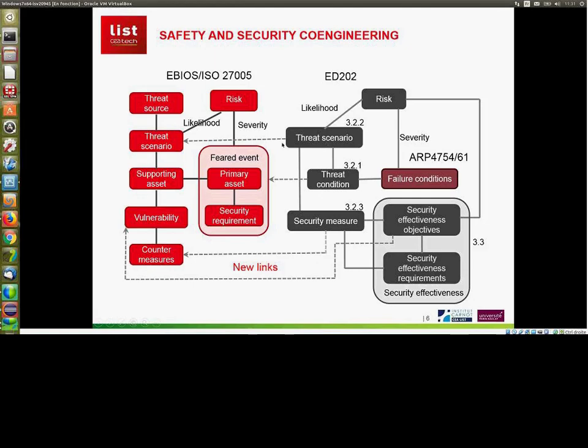We can see that we can settle some links between those concepts, and also to find the relationship with other standards that are typically used for the safety process. So by settling these links, we can also settle some relationships between concepts, and to identify, for instance, the links between security and safety parts.